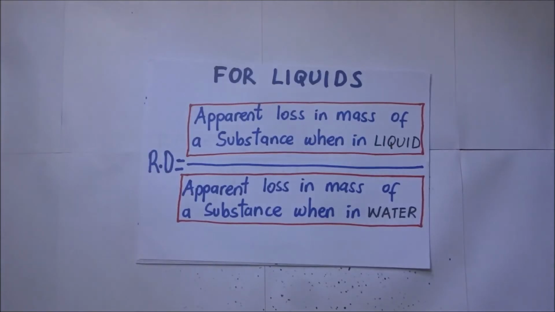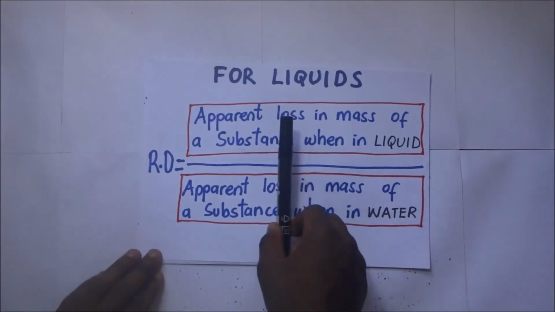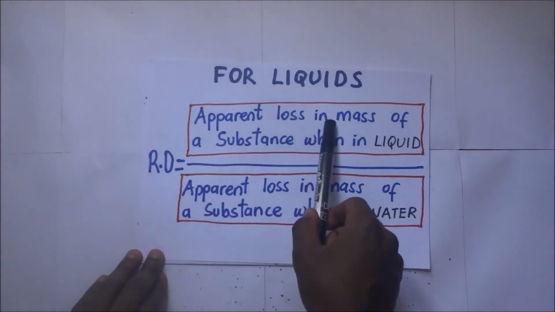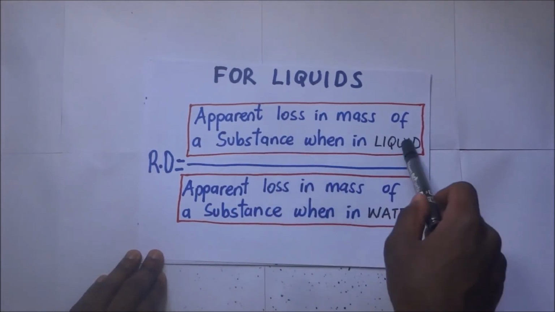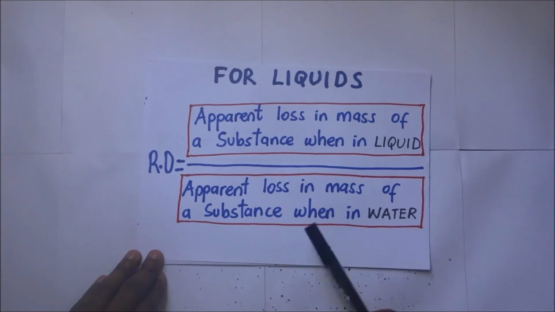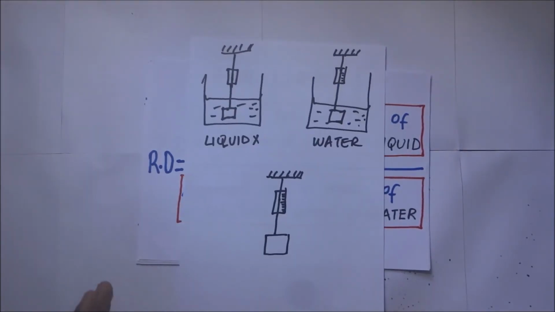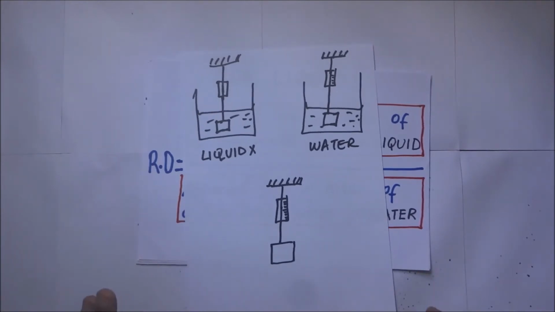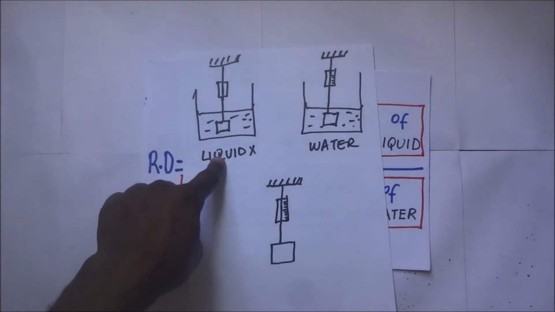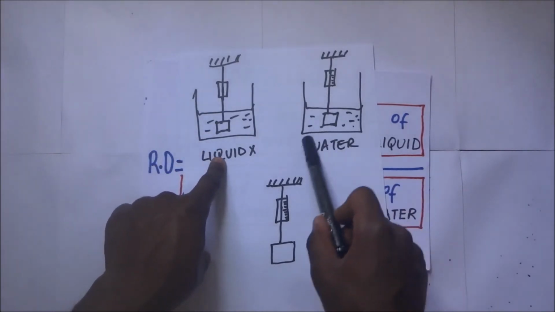We can find the relative density of a liquid by finding the ratio of the apparent loss in mass of the substance when in the liquid to the apparent loss in mass of the substance when in water. Like I had earlier said, there is such a thing as apparent loss in weight of a substance or of a solid. Now, here we are trying to find the relative density in liquids. If I want to find the relative density of this liquid, for example, remember the water is more of our standard.